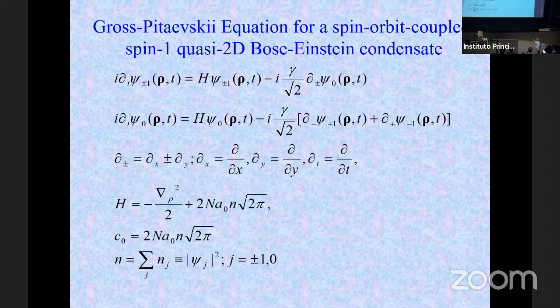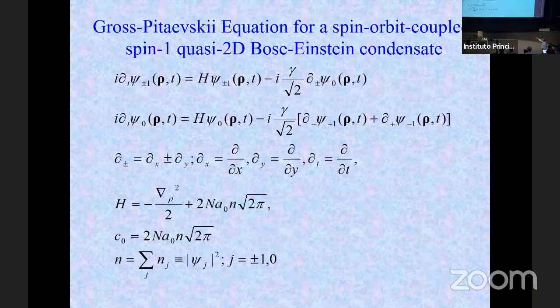There are 3 components now: spin 1 hyperfine state, this spin +1 component, spin -1 component, spin 0 component. These are the spin-orbit coupled terms, which come from the Rashba spin-orbit coupling. The spin matrix is coupled to the momentum. And these are the derivatives of space: D plus minus, dx, dy, dt.